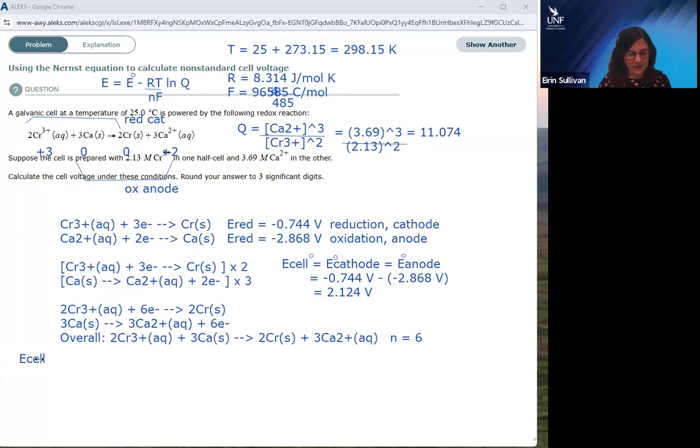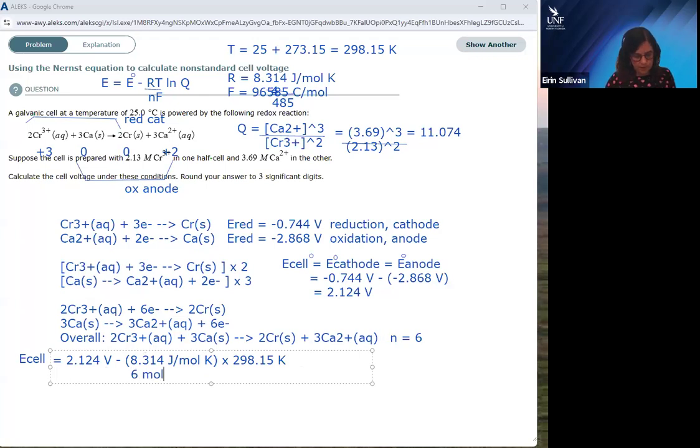Okay, so E cell then is going to be my standard cell potential, 2.124 volts, then minus RT, so R is 8.314 joules per mole per Kelvin, and then my temperature is in Kelvin, so 298.15 Kelvin, so we can see that's going to cancel out, divided by my number of moles of electrons, so that's 6 moles of electrons, times the Faraday constant, which is 96,485 coulombs per mole, and then times the natural log of Q, the reaction quotient, which we worked out to be 11.074.